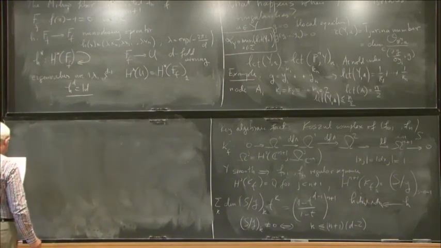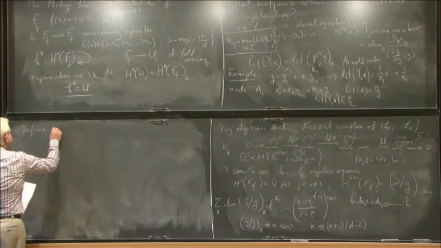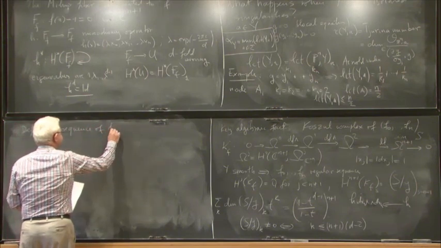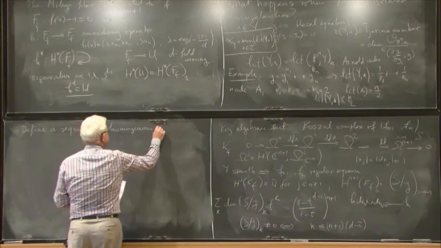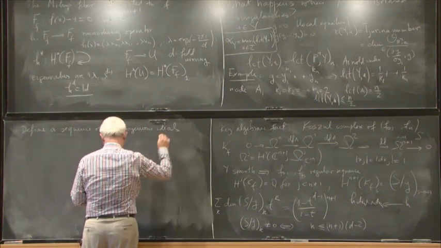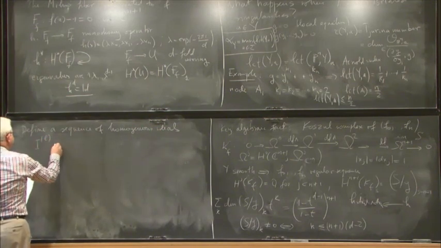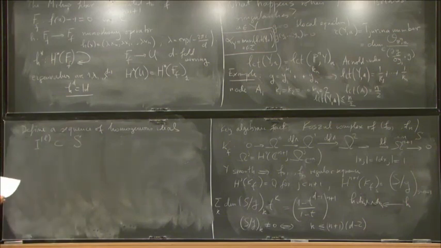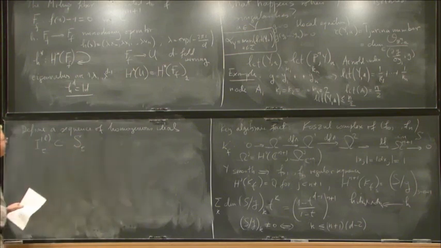So we define a sequence of homogeneous ideals which are denoted by I_L inside S. And because they are homogeneous, it is enough to describe the homogeneous component for each t.